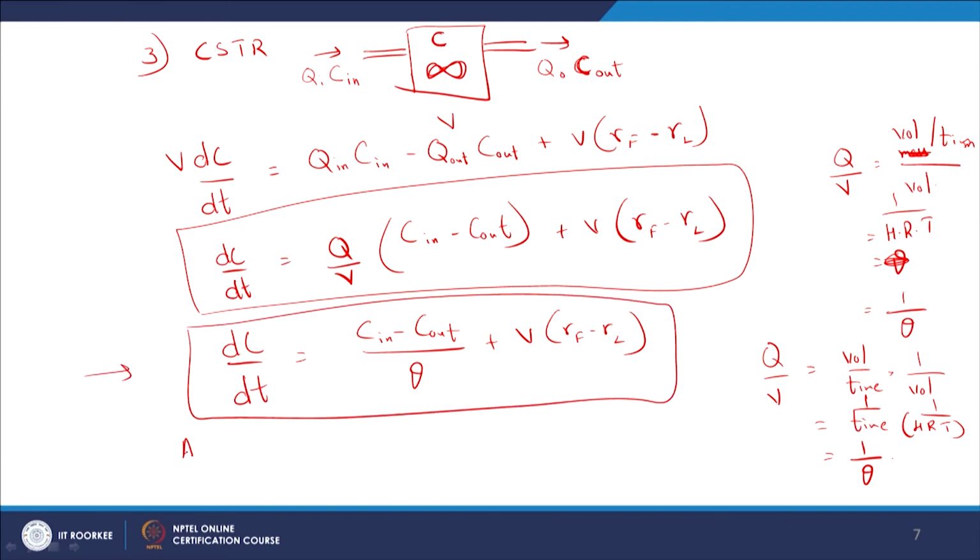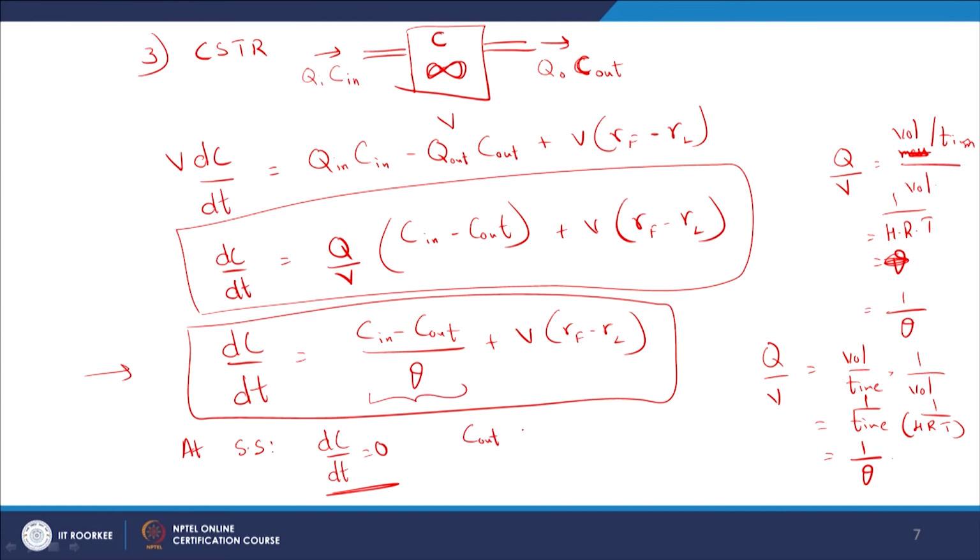So obviously at steady state, how is that going to transform now? We are going to see that dC/dt is equal to 0. Steady state means there is no change in any variable with respect to time. So let us see what that transforms into, and I take this particular term to the left hand side.